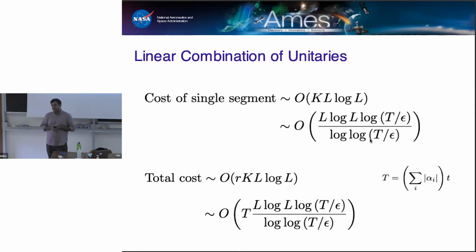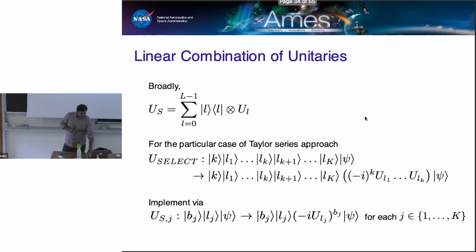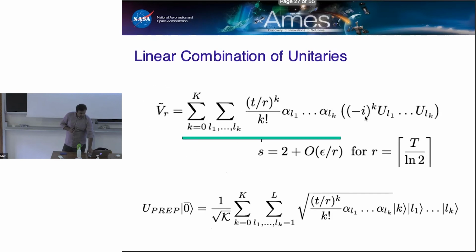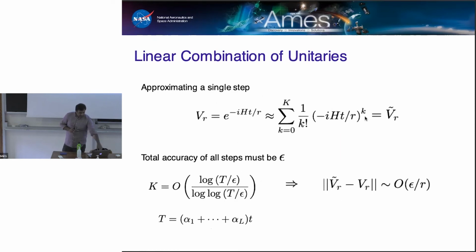But in scaling terms, K is really chosen as follows. If I go back to where K was defined explicitly, K scales like this in the time, the sum of the coefficients, and the target approximation epsilon, okay?